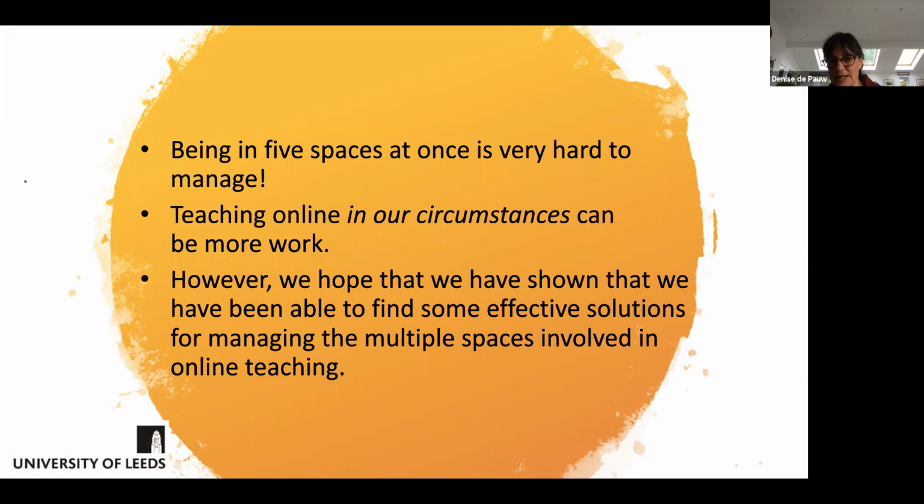And teaching online can be more work actually, but we hope that we've shown you some effective solutions that worked for us. So definitely simplifying the number of spaces that you're supposed to be working in at one time. And I think building on those relational spaces, they're 2 key takeaway things for us.